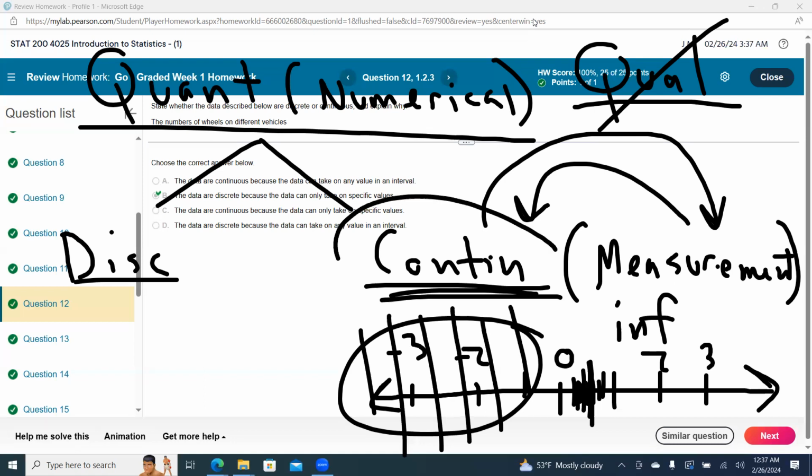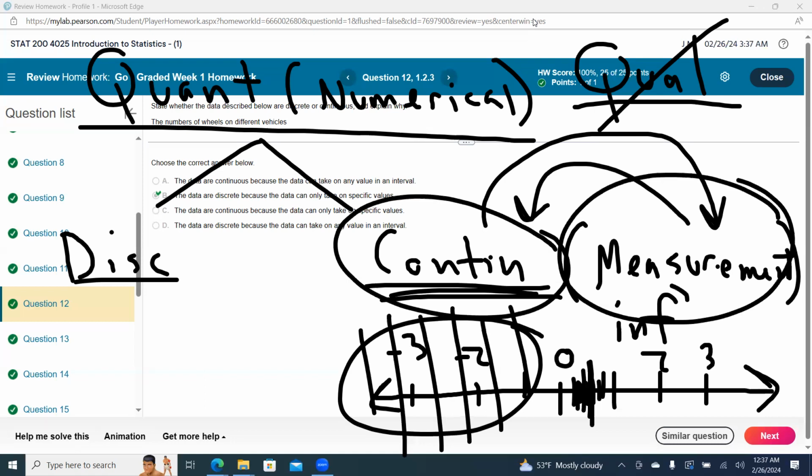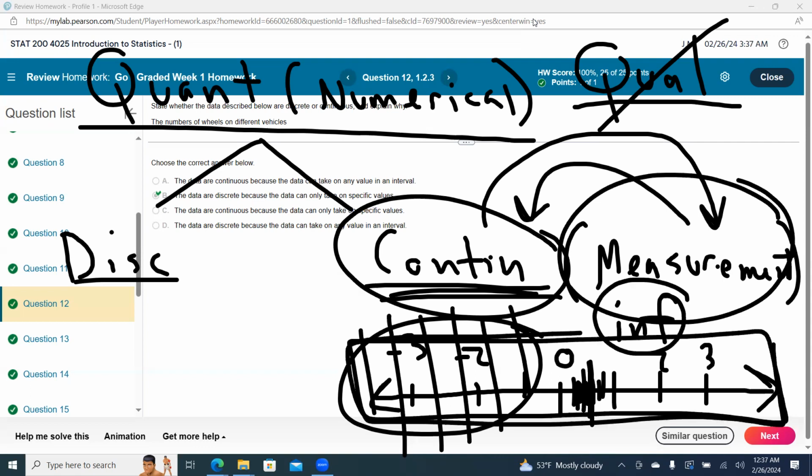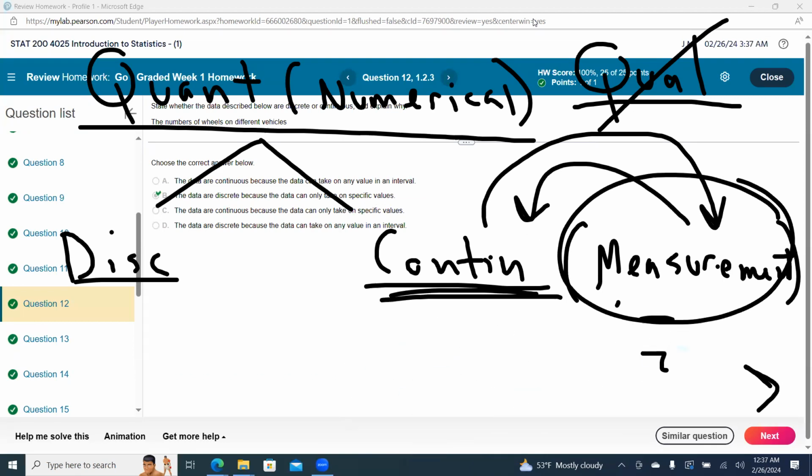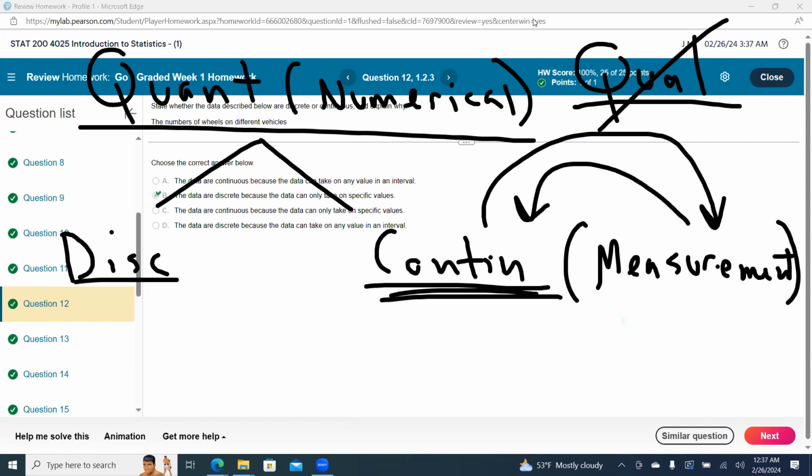All continuous, or all measuring systems, are on a number line, and there are infinitely many values for continuous. Continuous does straight up mean infinitely many values. All a continuous random variable is, is a measurement.